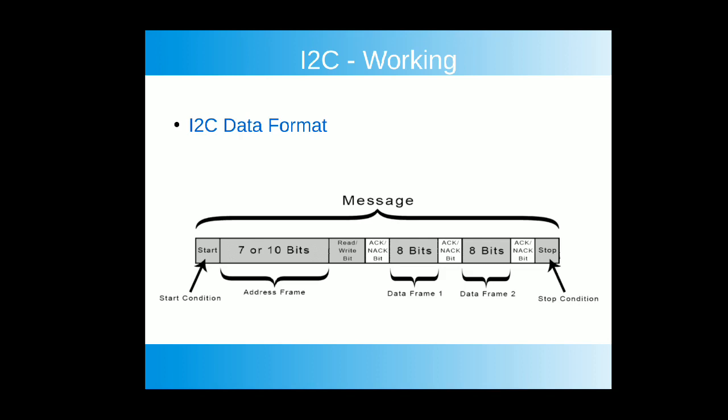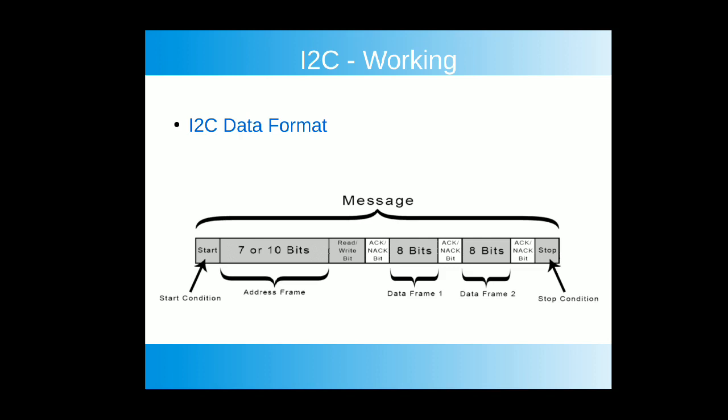After the start condition, the master will write the 7-bit long address to the SDA line, and this address will select which device it wants to communicate with, followed by the read/write bit.